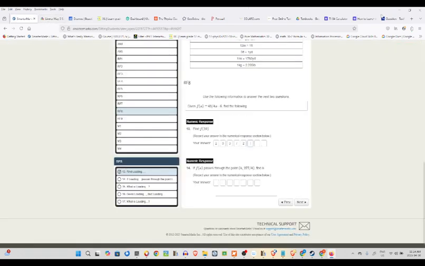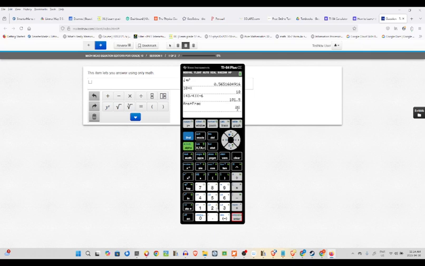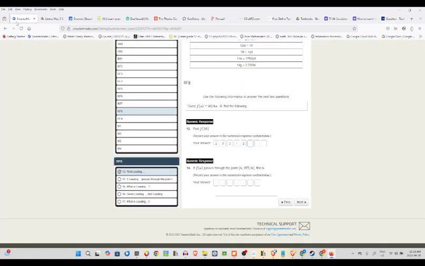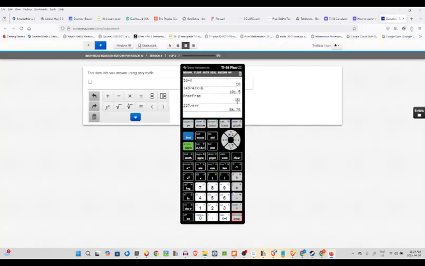So our y is 227 over 4. Our b is a negative 6, and our slope was 43 over 4.